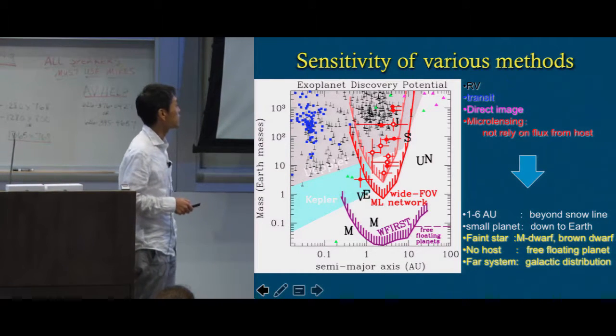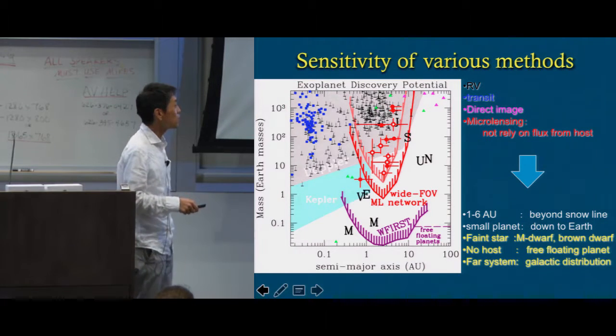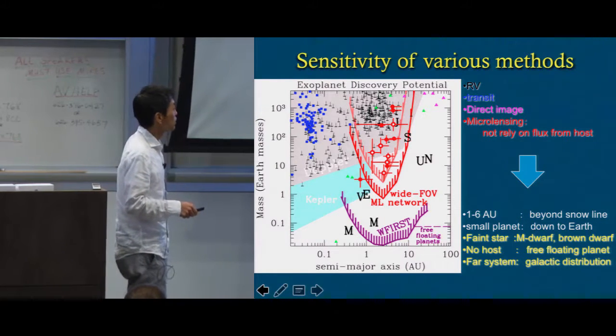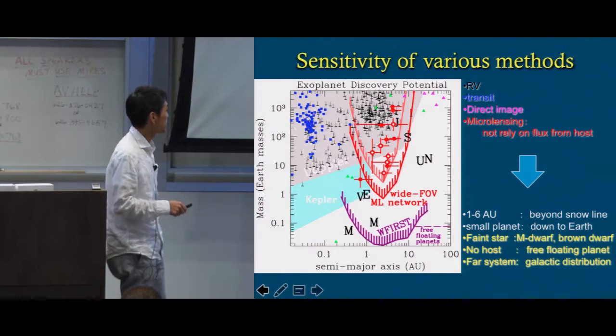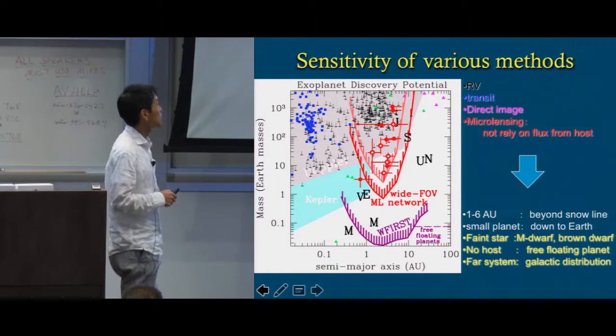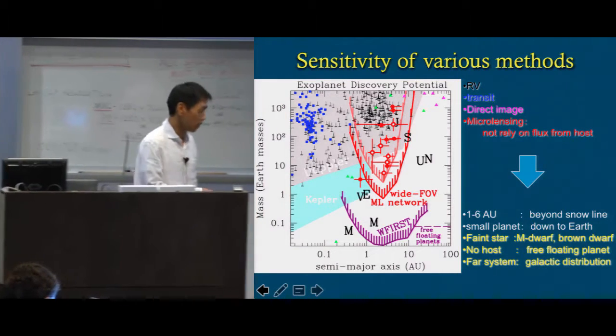So microlensing can probe planetary objects around faint stars, like M dwarfs or even brown dwarfs. And microlensing can even detect objects without a host star, like a free-floating planet. As you can see in this sensitivity figure, these are all for bound planets. And in this region, Roman can detect a free-floating object down to Mars mass.